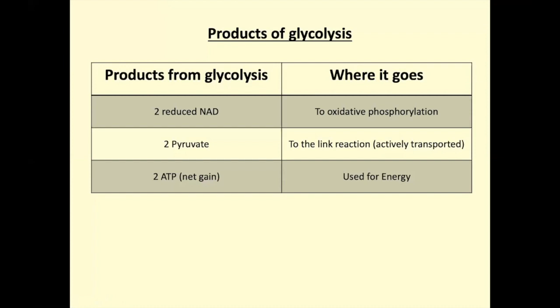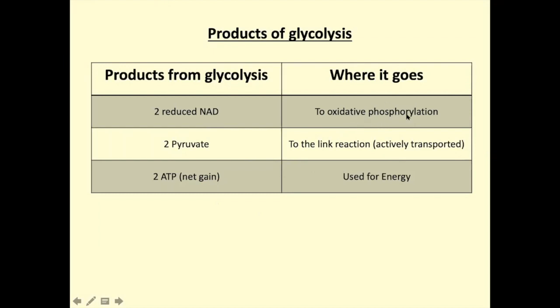Why do we end up with 2? Because we started off with a 6-carbon molecule. We ended up with 2 3-carbon molecules. We ended up with a net gain of 2 ATP. We made 4 ATP. ATP was put in at the start. Okay, where did the NAD go?